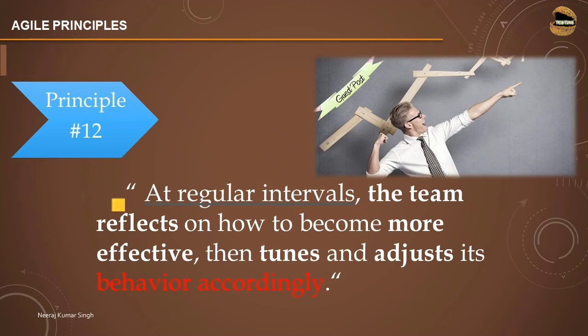Last but not the least, principle 12 says that at regular intervals the team reflects on how to become more effective, then tunes and adjusts its behavior accordingly. In traditional approaches, we used to have test closure activities or post-mortem activities at the end of the project to understand how well we had done, what common challenges and issues we had faced, and why we had a delayed response on certain activities.